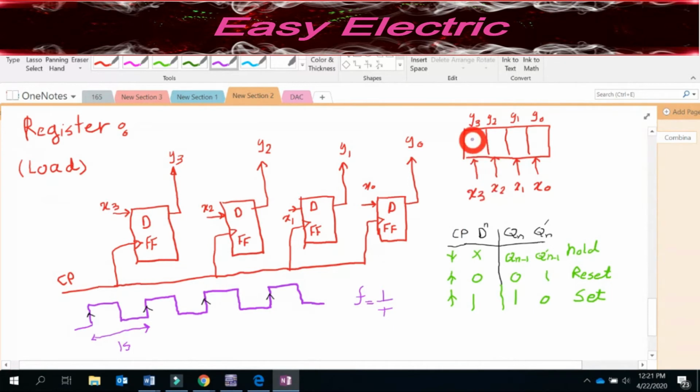So that means for 1 second, there is no change here. So after 1 second, again, check what you have here. If you change these x0 to x3, it changes and loads the new value. If you don't change that, it is still able to keep that until the next rising edge.